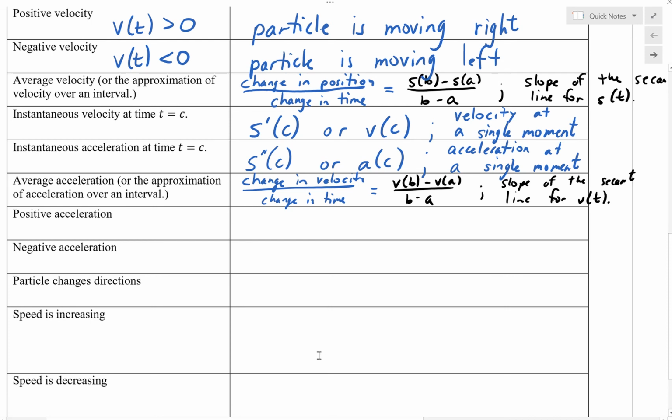Positive acceleration, when a of t is greater than 0, tells us that the velocity is increasing. If the acceleration is negative, a of t less than 0, that means the velocity is decreasing.